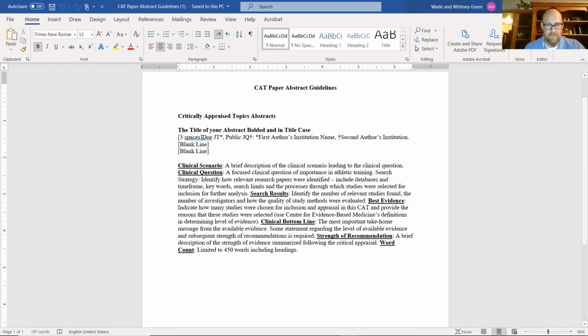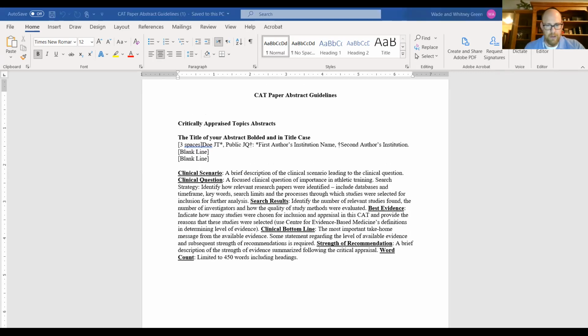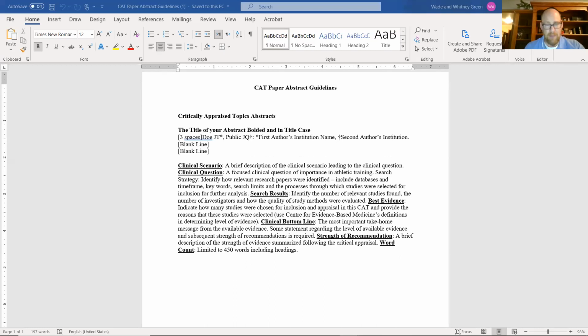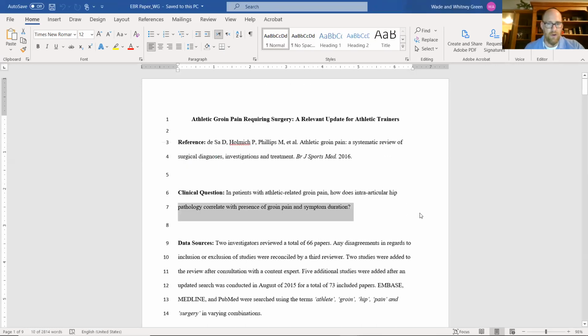The other thing that I have for you, I also have given you an example of a CAT paper. This is one that I wrote during my doctoral work, and I'm actually still working on publishing it, but this is an example of what a CAT paper could look like.